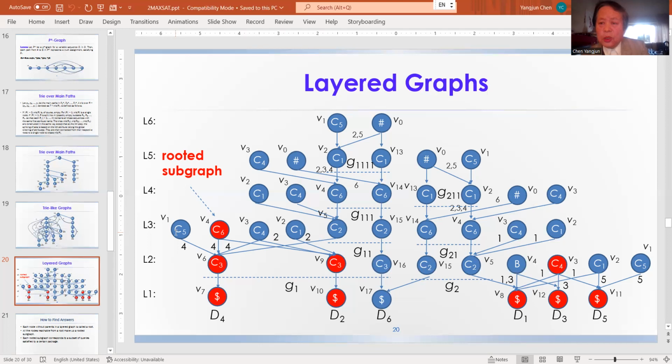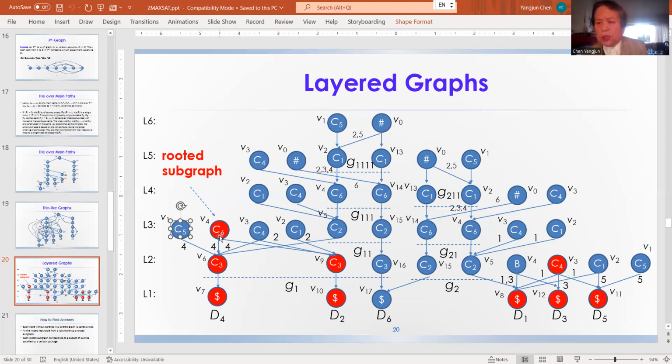For example, this node is a root, and this node is also a root, and this node is another root. Each root recognizes a subgraph like this, which contains all the nodes, each of them reachable from the root.